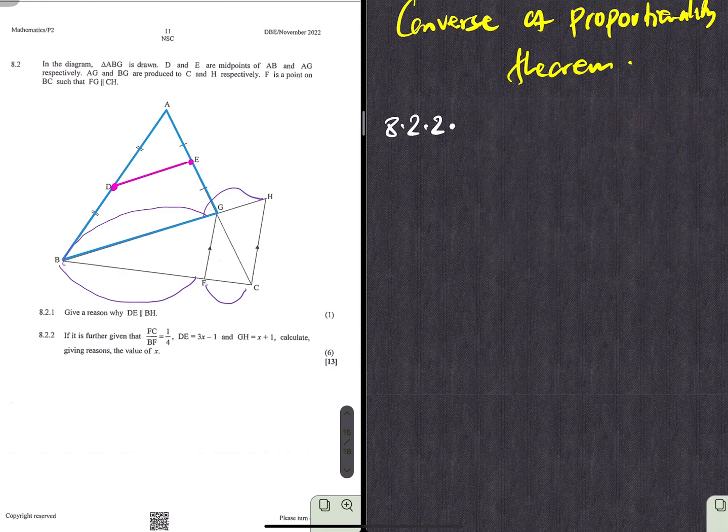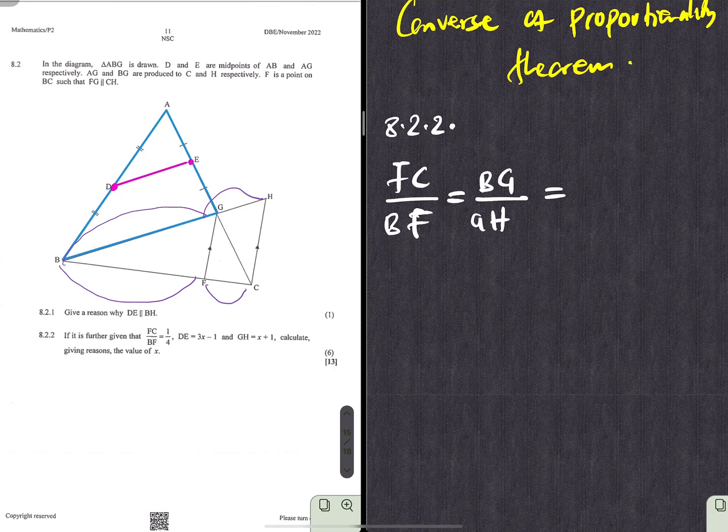Let's say that FC over BF, this is what was given, is equal to BG over GH, that is equal to 1 over 4. So you can give a reason for this one. That is proportionality theorem, and you must name the lines which are parallel.